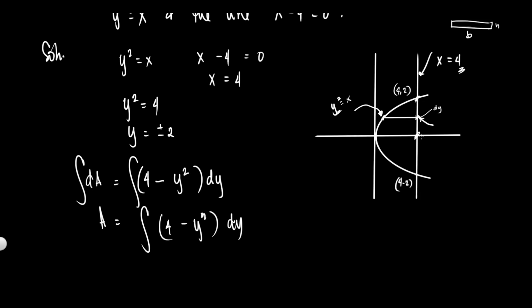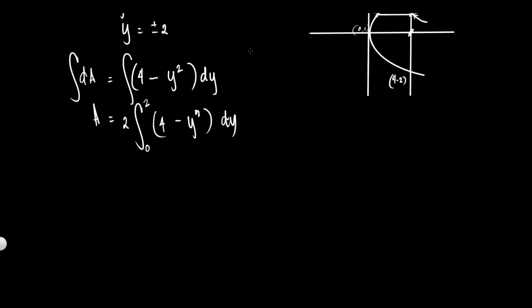Okay? So, ang limit natin is 0 to 2. So, doon tayo titingin sa y. Then, kalahati lang yan, we need to multiply this by 2. Or kung gusto mo, limit mo from minus 2 to positive 2. Kung saan madali, no? Pwede mo siyang isolve doon.